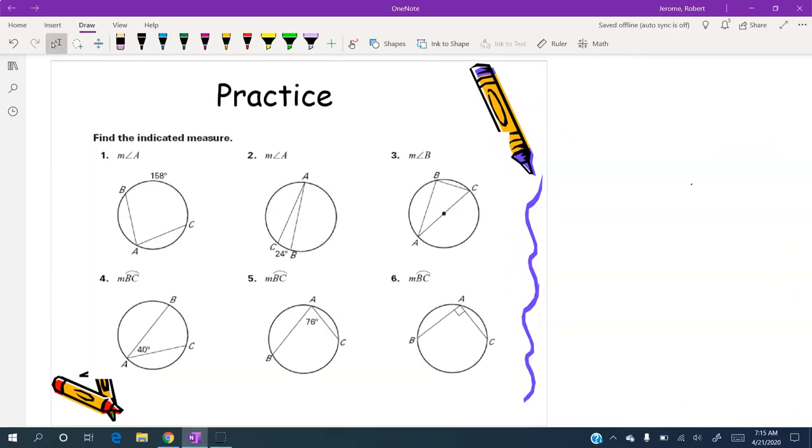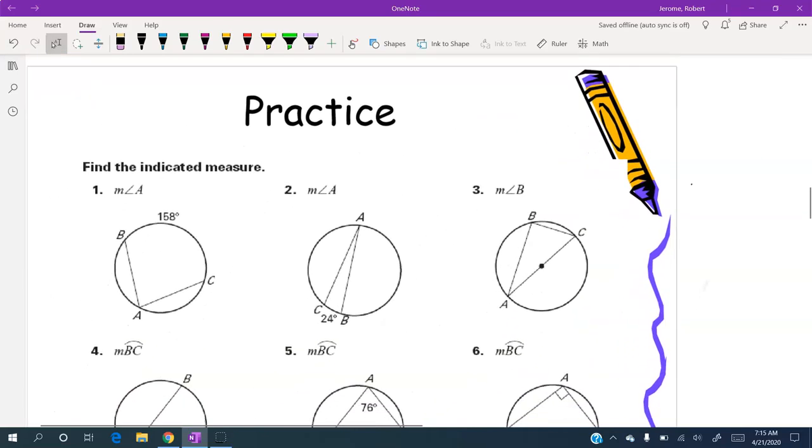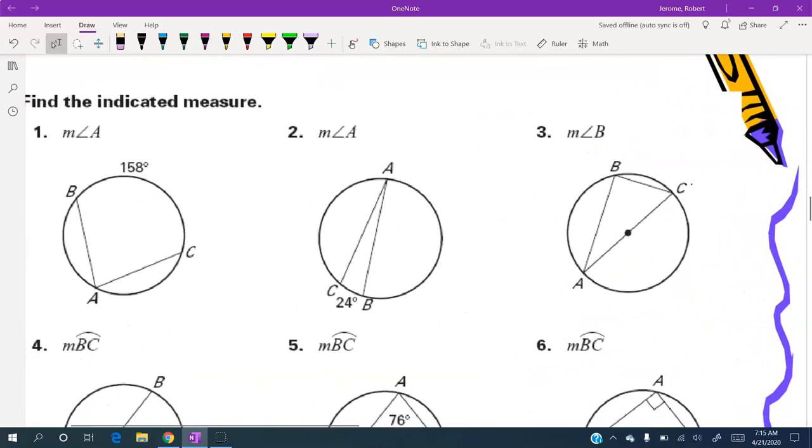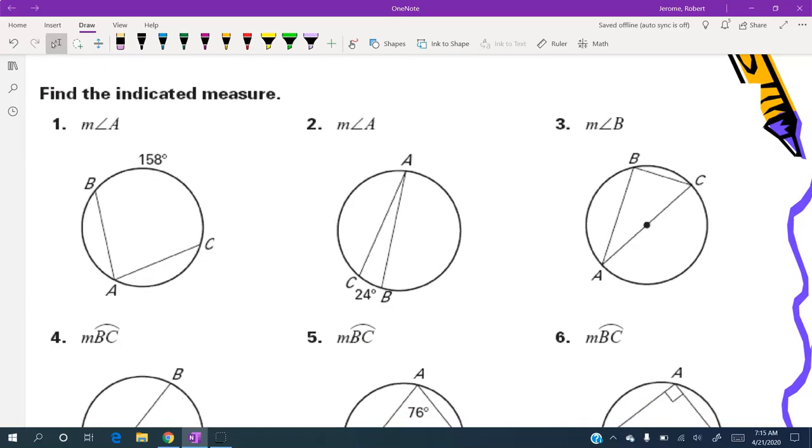So let's look at a couple simple practice problems here. In our first problem, we're looking for angle A. Well, let's find it. There's our angle, and there's our intercepted arc. We always want to pair the angle with the arc. And now, of course, we have our simple little formula.